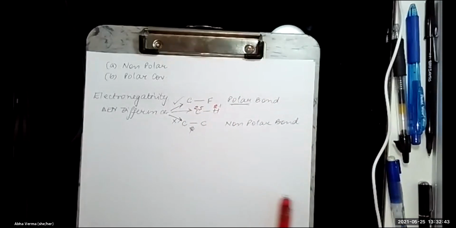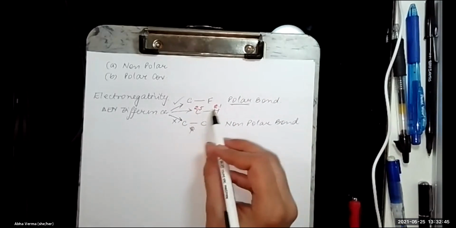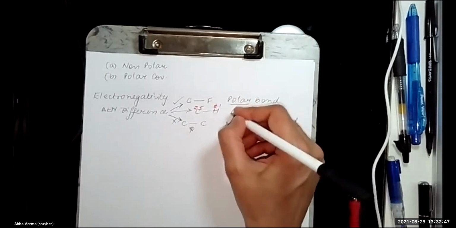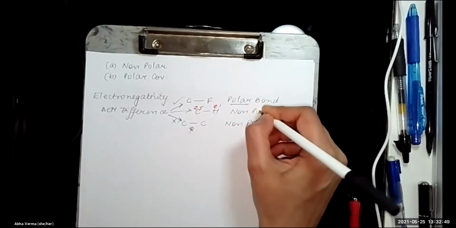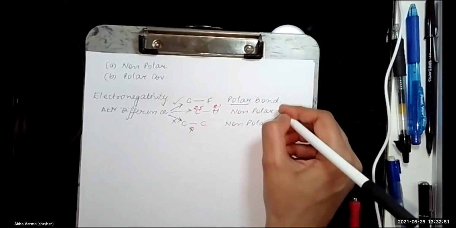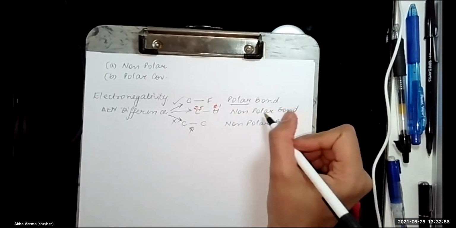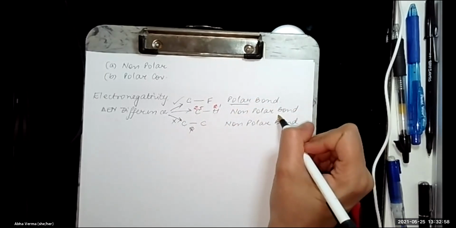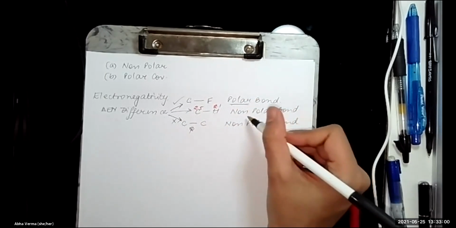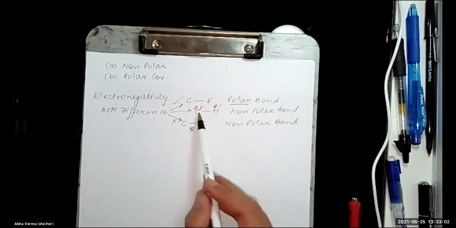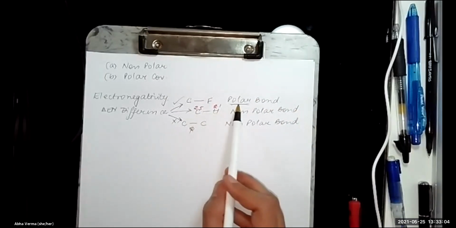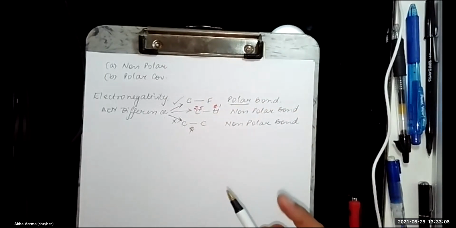So it's a very, very small difference, and we say that a carbon-hydrogen bond is a non-polar bond. So the more electronegativity difference there is, the more polar the bond is considered.